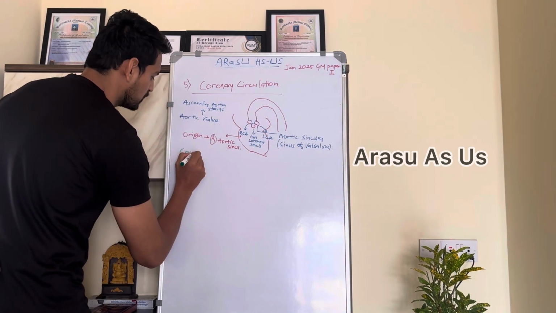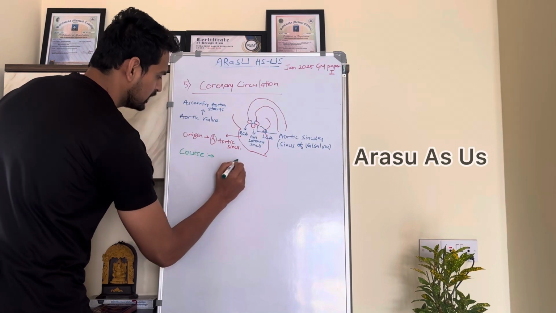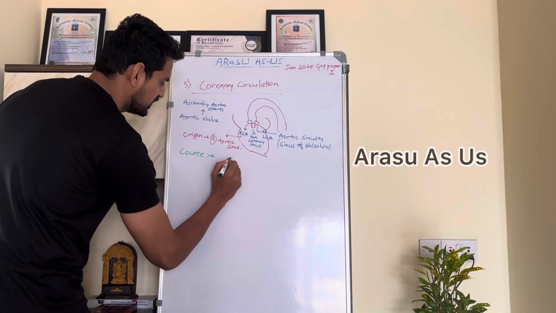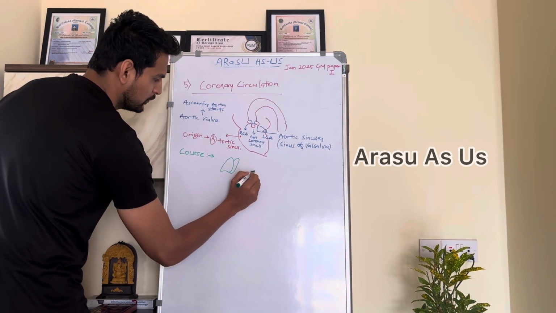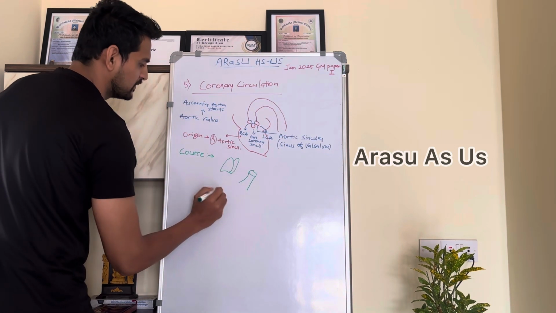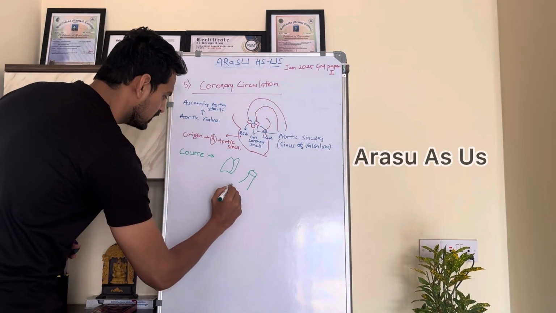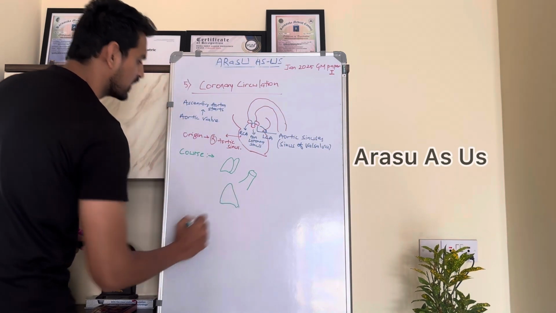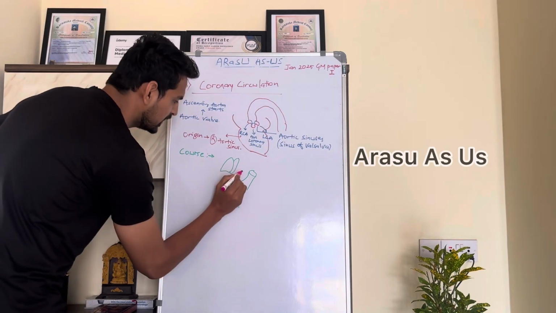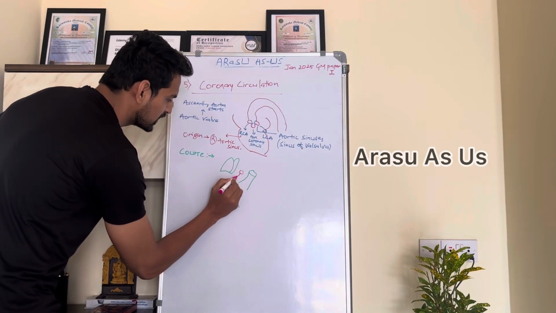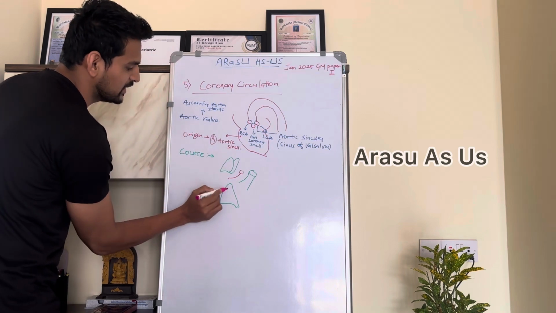If we consider the course of the right coronary artery, if we consider here the right atrium and the auricle with the pulmonary trunk here, and we can consider the right ventricle here. So just a schematic representation. It has originated here, it will come in the groove between right atrium and right ventricle.